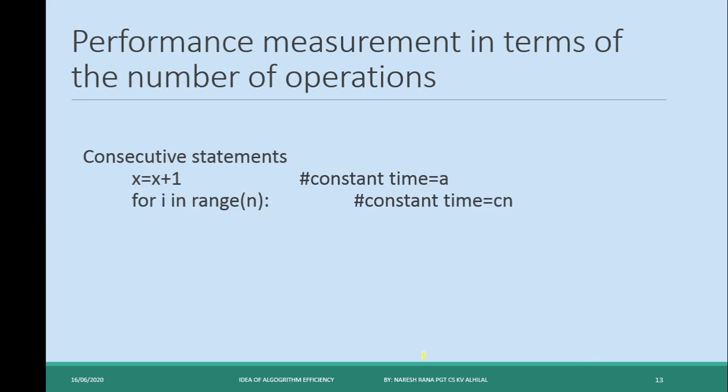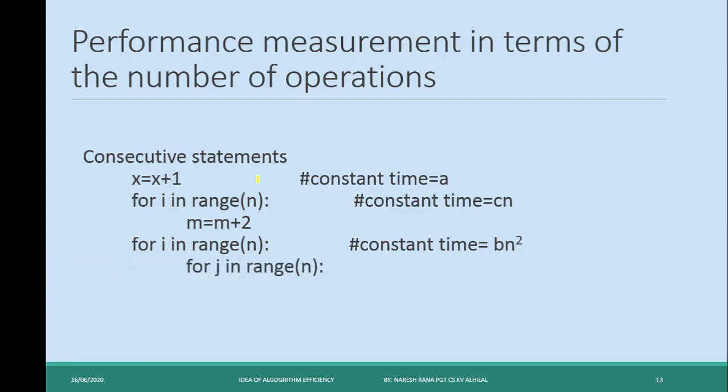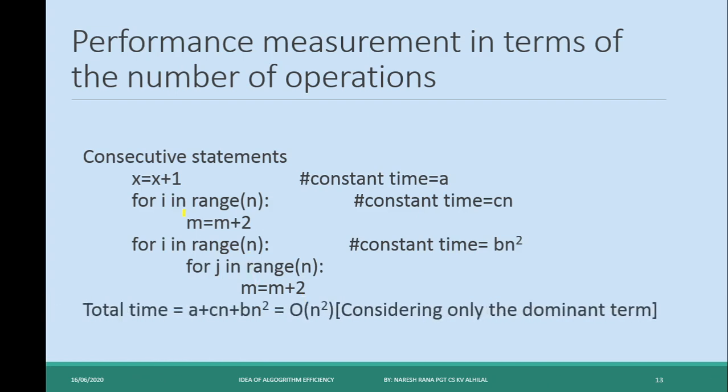Then for i in range n, m is equal to m plus 2, that is constant time cn, where n is how many times this loop executes. Then for i in range n, for j in range n, m is equal to m plus 2, and this is a simple assignment statement.